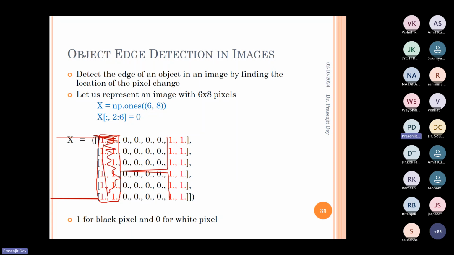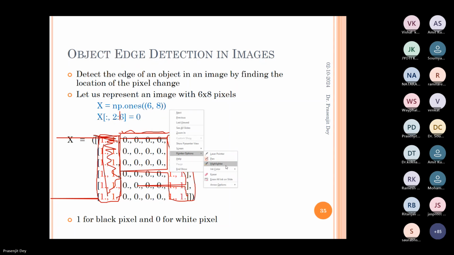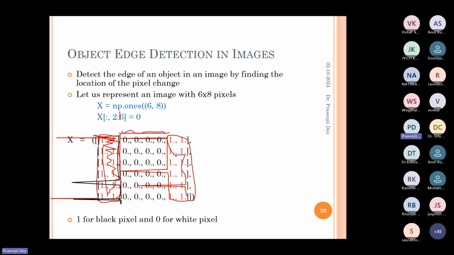Suppose these are again black pixels. So obviously these are black pixels, these are white pixels, and these are again black pixels. So obviously there is one edge there. These are the edges in the image.